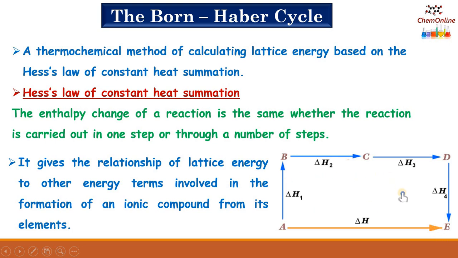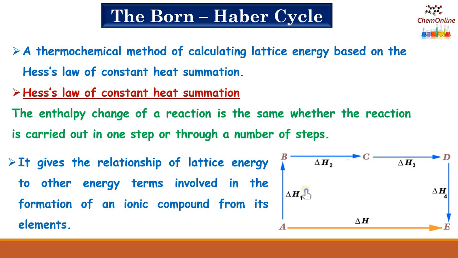And in each of these steps, the enthalpy change is represented as delta H1, delta H2, delta H3 and delta H4. So the total change in enthalpy for the reaction starting from A to E will be the sum of these four steps, that is delta H1 plus delta H2 plus delta H3 plus delta H4.